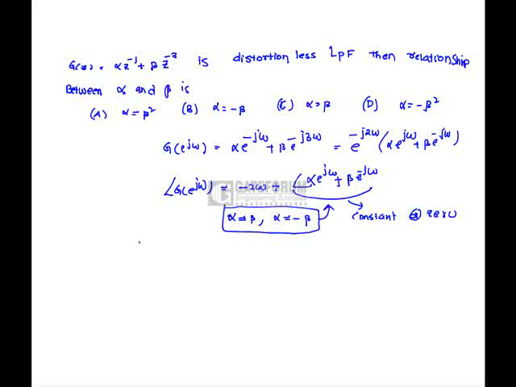But this is a low pass filtering action, that is at omega equals pi, the magnitude of G of e power j omega equals 0. That means 0 equals alpha plus beta, that is alpha equals minus beta is the correct one. We have to choose alpha equals minus beta, that is option B is correct.